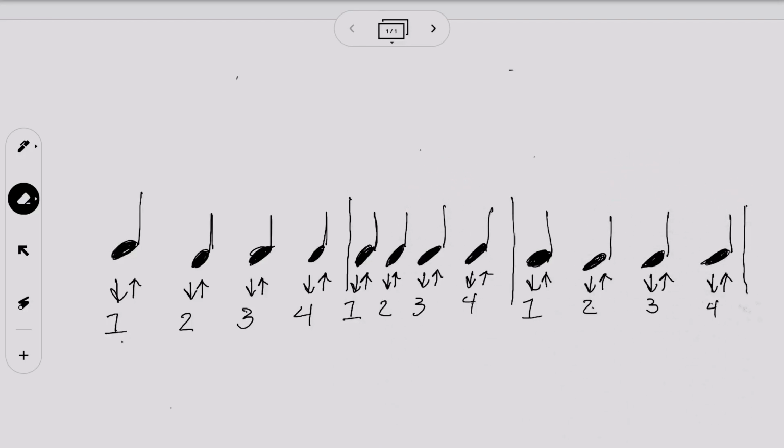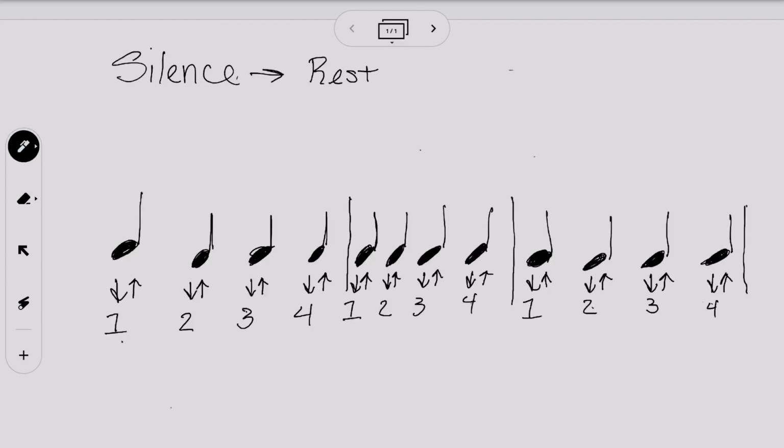It's another word that starts with S. Does anyone know what we call it? We call it silence. So, in music, we do have silence. Now, this is called a rest.